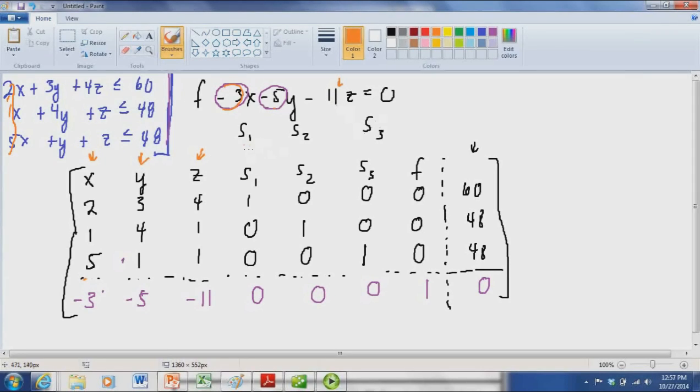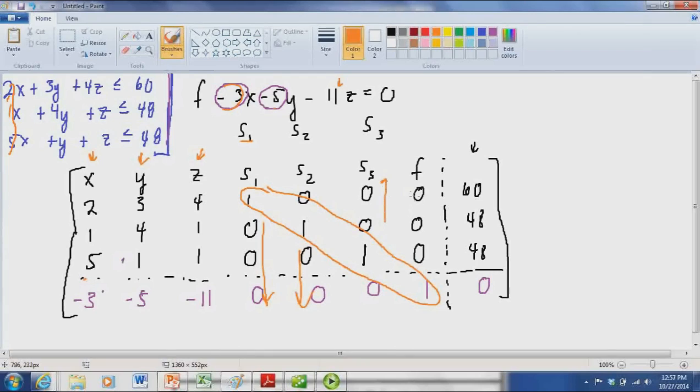Our first slack value, S1, notice it's 1 followed by all zeros. S2, 0, 1, 0, 0. S3, 0, 0, 1, 0, and your f function, 0, 0, 0, 1. You will always have this diagonal pattern right there, always, with the rest filled by zeros.